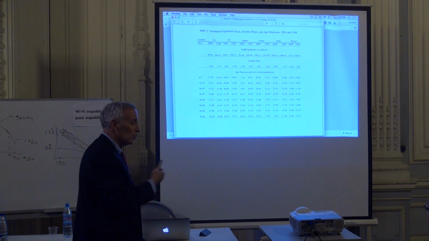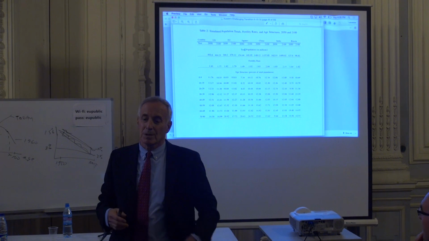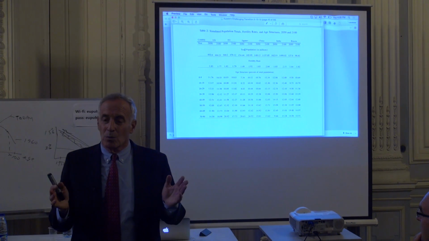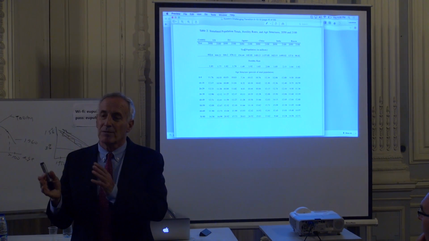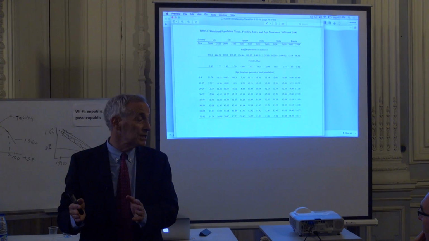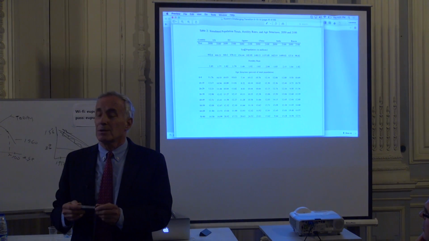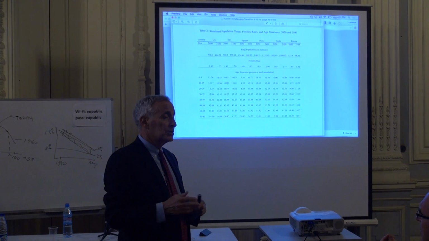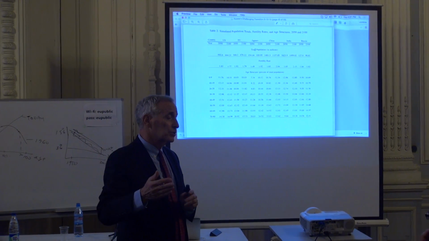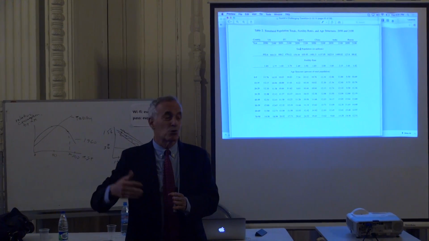I can't go through all the numbers here, but let me tell you about how we model production. We've got a Cobb-Douglas production function for output, capital, and labor, and then we also have an energy sector, which is modeled as simply as possible, just as an extra endowment flow. The country's got this flow of corn, if you like.